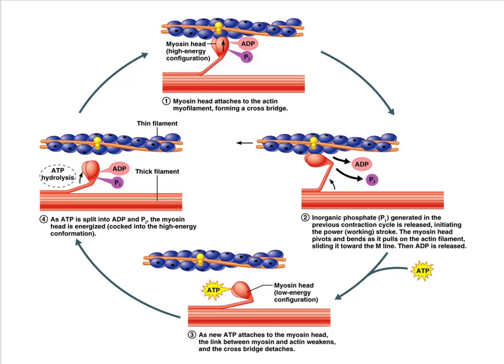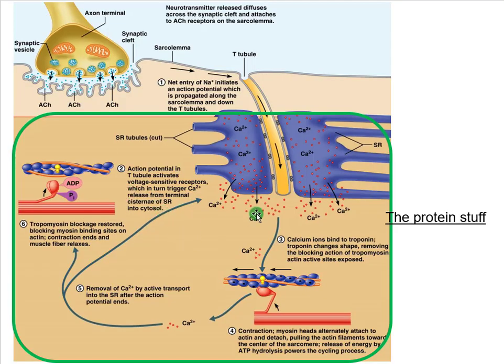As long as calcium is available in the sarcoplasm. Well, how long is the sarcoplasm available with the calcium? As long as I keep stimulating the sarcoplasmic reticulum. How long am I going to keep stimulating the sarcoplasmic reticulum? As long as I keep generating action potentials. In other words, as long as the nerve fires. As long as your nervous system wants to, the muscle will continue to contract. Okay, and so this will continue as long as calcium is available.